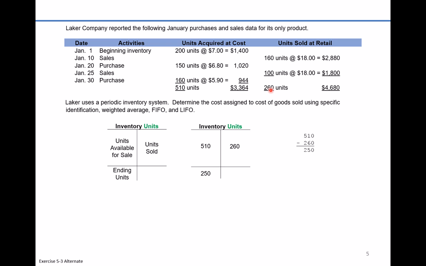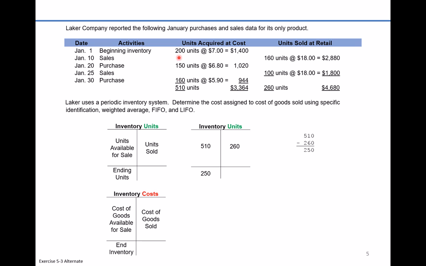Let's also look at these T accounts now not in terms of units, but in terms of the cost of these units. So let's put up another T account, inventory cost. So what was the cost they paid for all 510 of those units? Well, we have that total. We totaled that at the very beginning. That total was $3,364.